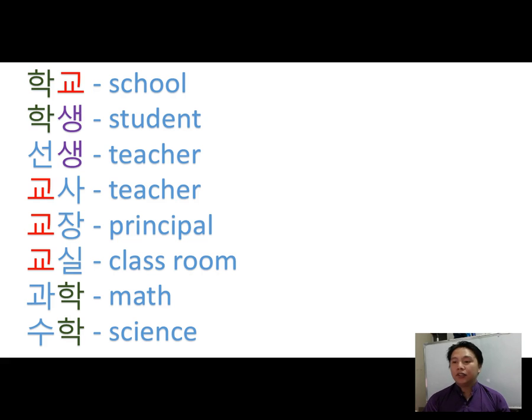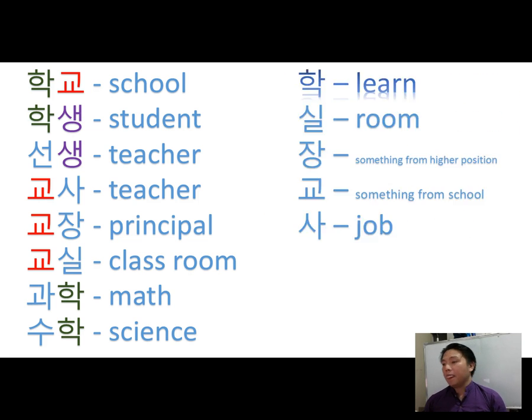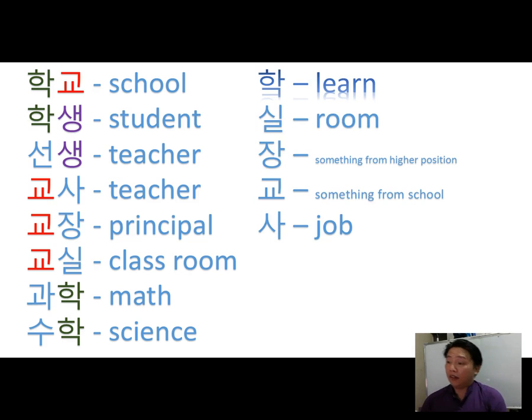Also we used to call the math kwahak, suhak. Sir, ano ba yung hak? Hak is pertaining to learning. Tingnan natin ito: the hak is learn, the shil is room, the jang is something in a higher position, the kyo is something like from school. The sa is from the job.